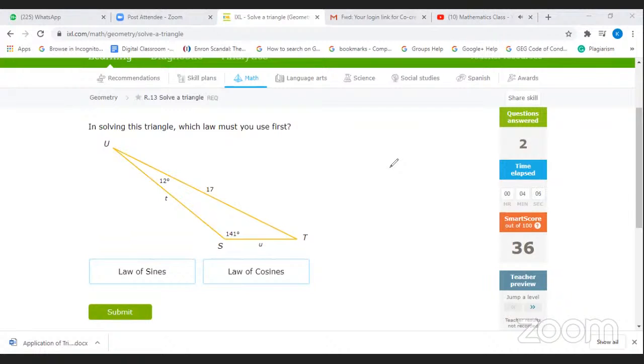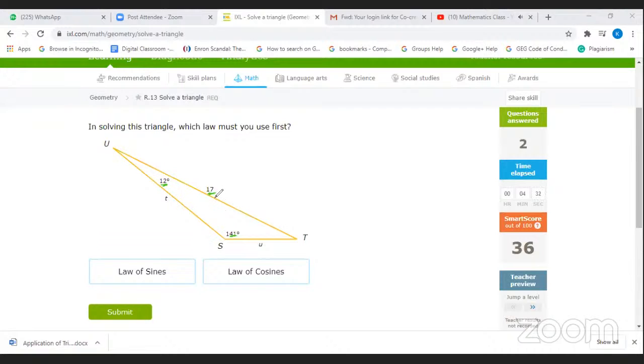In this case, the same thing we have been doing is what we have to do here. Now look at it. We have been given this 17. We have been given 12. We have been given 141. Those are the three parameters. We have said a minimum of three parameters.